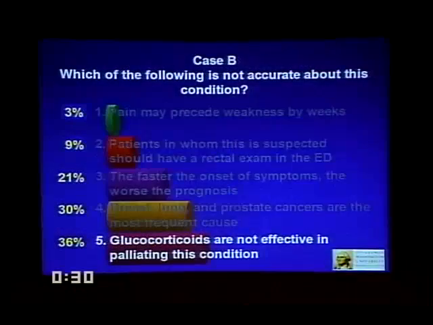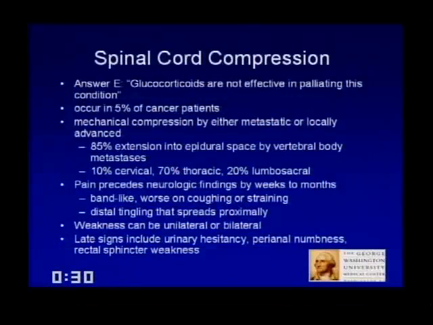All righty, 36% have gotten the correct answer. This, of course, was an image of a spinal cord compression from a tumor that started in the vertebrae and spread into the spinal canal. So this is oncologic spinal cord compression, which occurs in 5% of cancer patients.